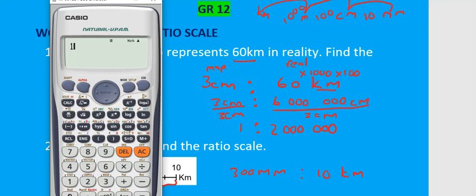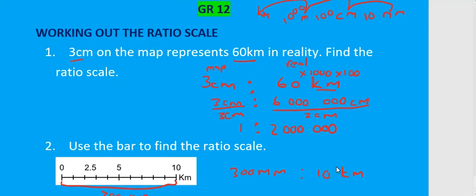If we take 10 multiplied by 1,000 to go to meters, then multiplied by 100 to get to centimeters, and then multiplied by 10 to get to millimeters, it will give us 10 million.